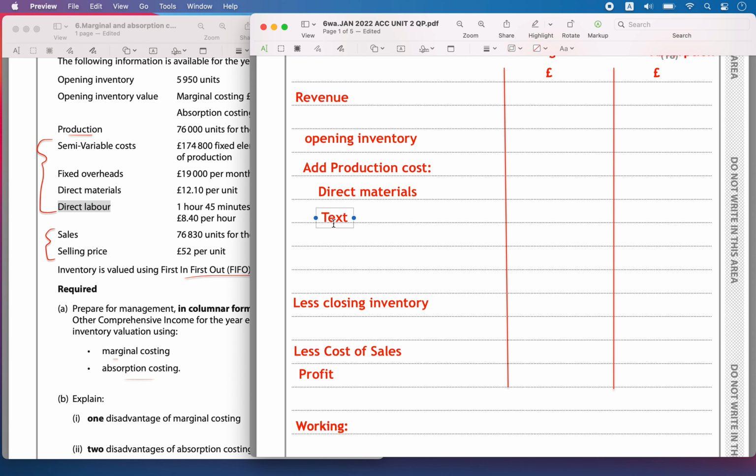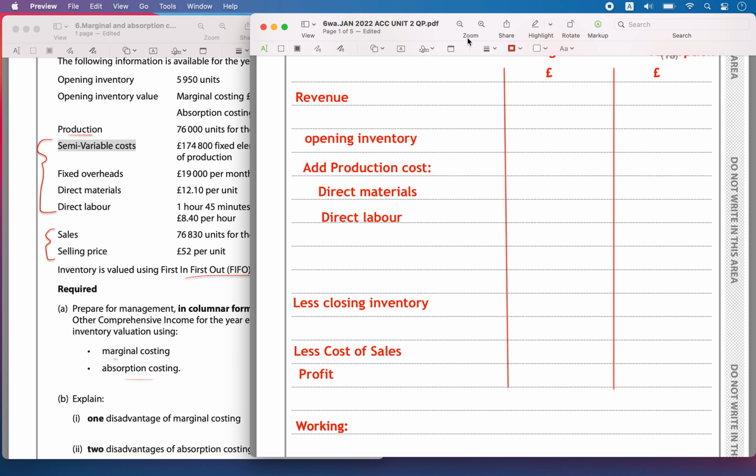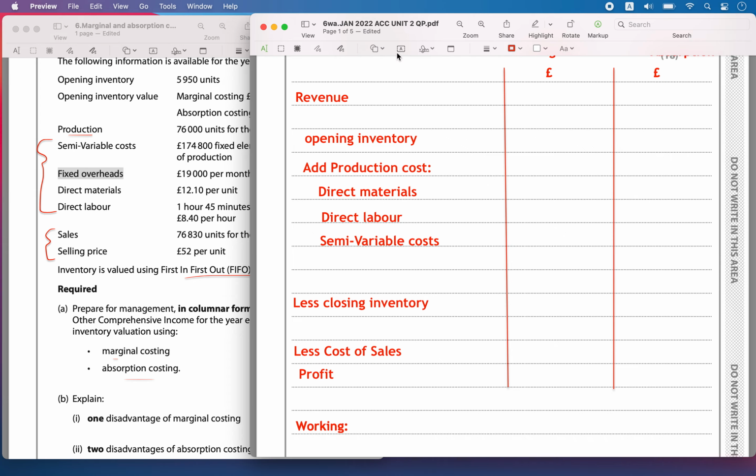Then you have the direct labor involved in the production, then the semi-variable costs, which are also used for production, and then the fixed overhead cost for production. So we have to show all this information, then calculate the total production cost. You add the total production cost to the opening inventory and less the closing inventory, you get the cost of sales.